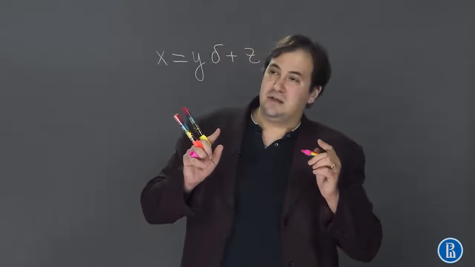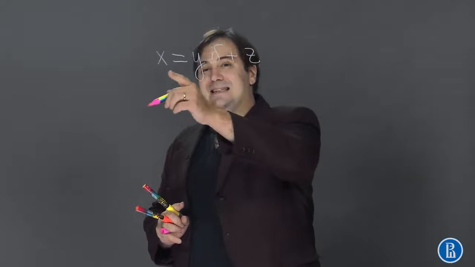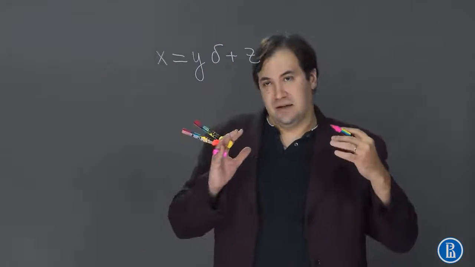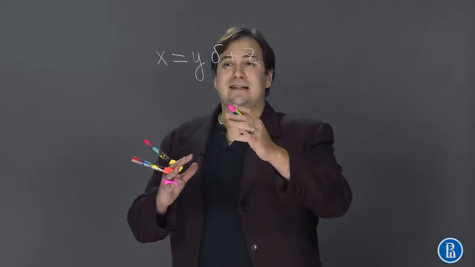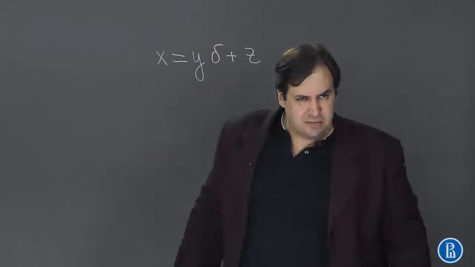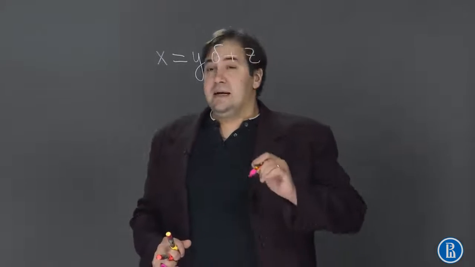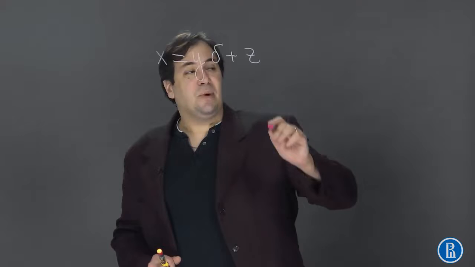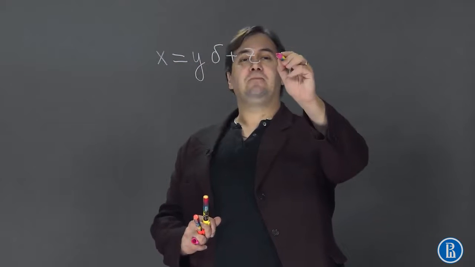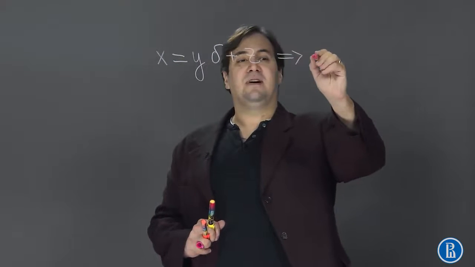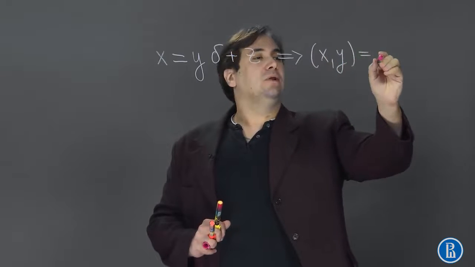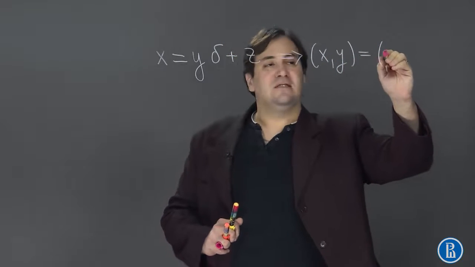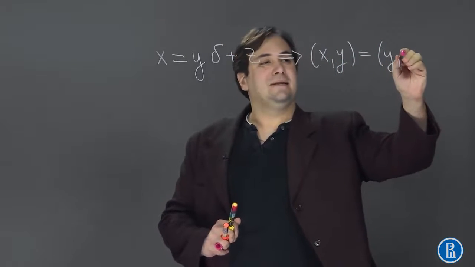I was eager to underline that x, y, and z are the variables we are interested in, and delta is just some element of the ring. We don't care about it. So if this equality holds, then the greatest common divisor of x and y is equal to the greatest common divisor of y and z.